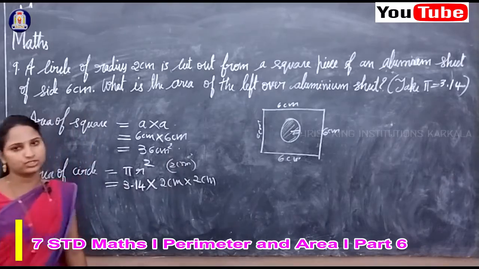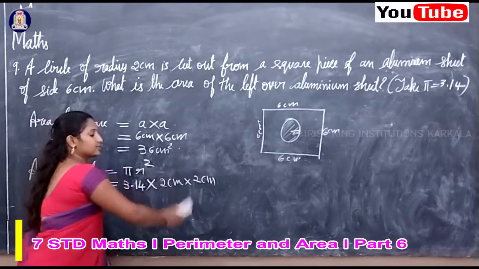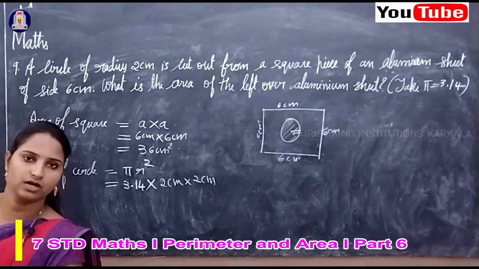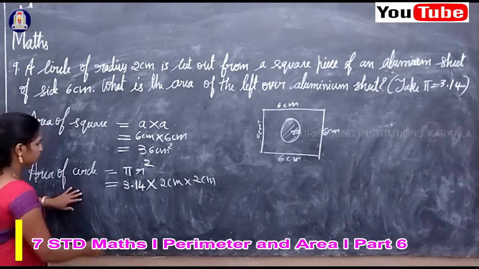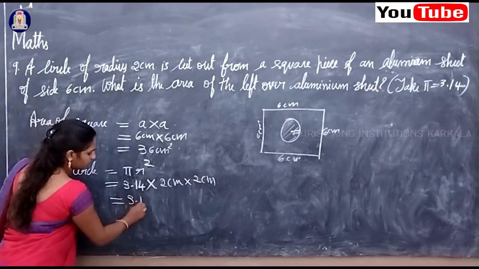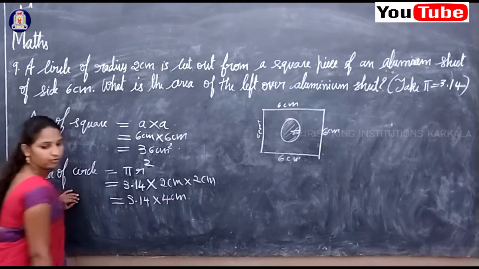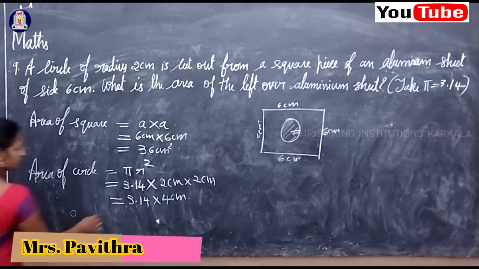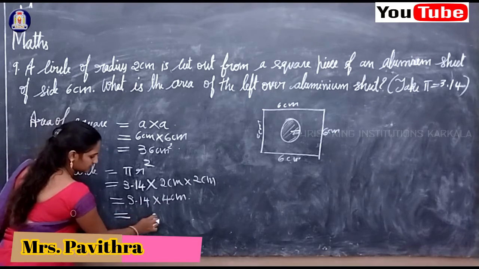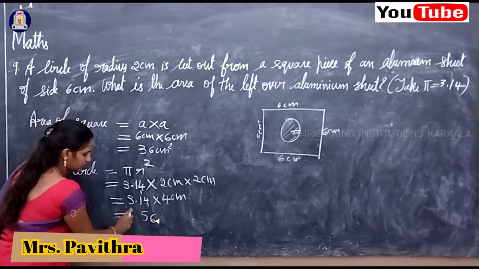Or else you can write 2 centimeters the whole square, directly 2 square is 4. I wrote r square as r into r, so r is 2 centimeters, and this is also 2 centimeters. 2 into 2 is 4. So 3.14 into 4 centimeters: 4 fours are 16, 1 remaining; 4 ones are 4, 4 plus 1 is 5; 4 threes are 12.